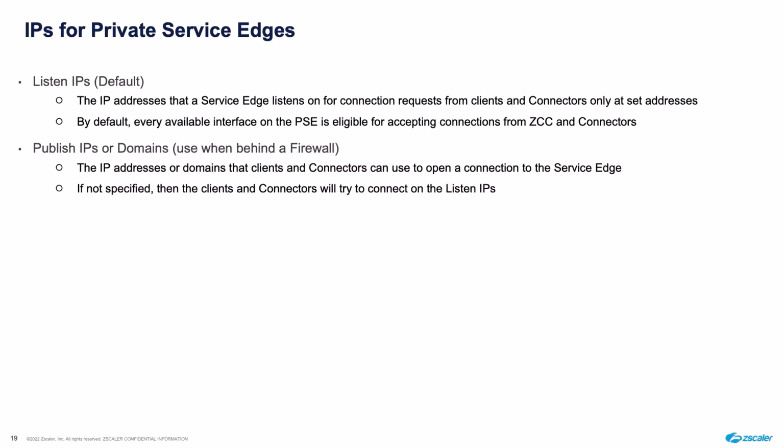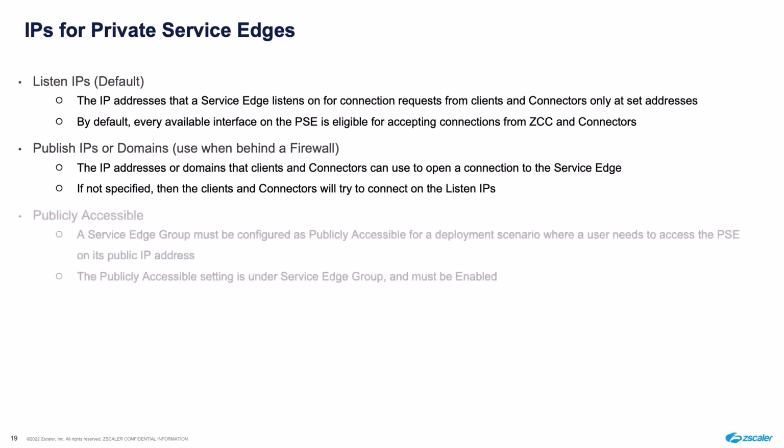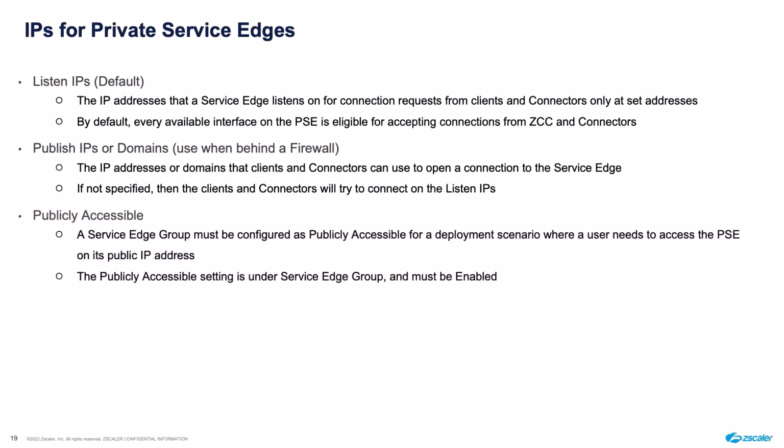So you'd configure the NAT addresses inside this configuration option, and this will be what will be advertised out to users coming over the internet. If they're not specified, then the clients and connectors will try and connect over those listen IPs. And as I said, the publicly accessible flag decides whether or not this private service edge is able to be accessed via its public IP address over the internet.